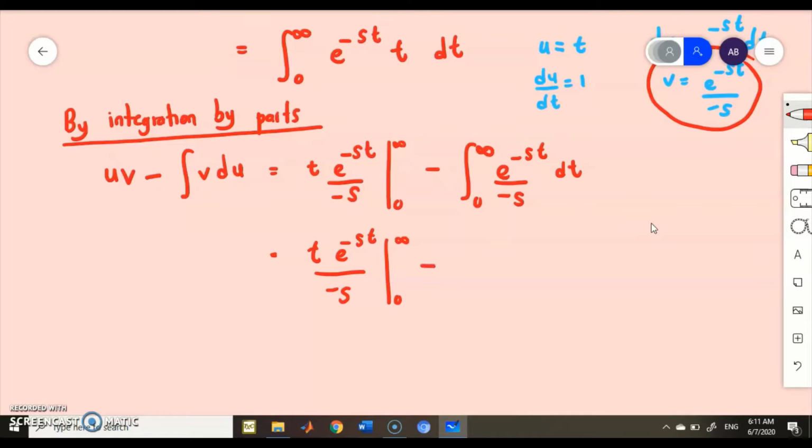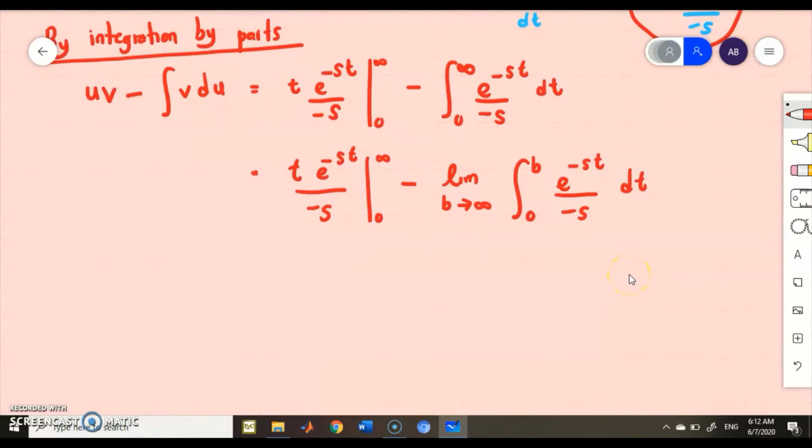Now this one here, we know that this is limit b approach infinity, integral from 0 to b of exponent negative st over negative s dt. Okay, integrate first. So what we have here, when I integrate minus exponent negative st, I can take out negative 1 over s, that will make this positive.